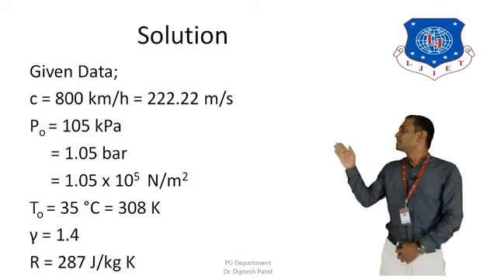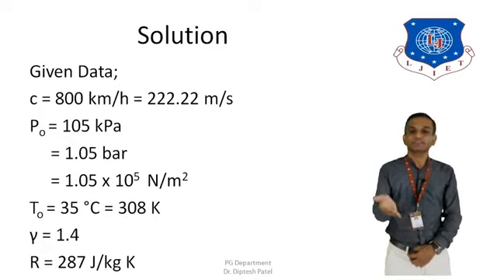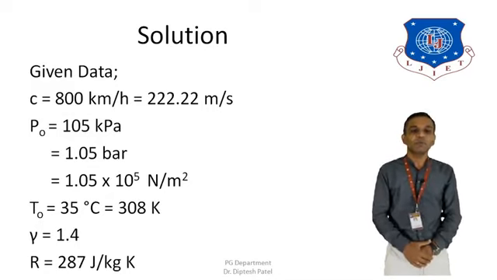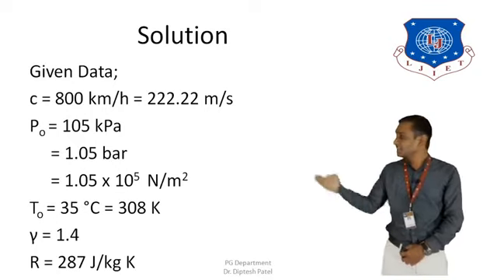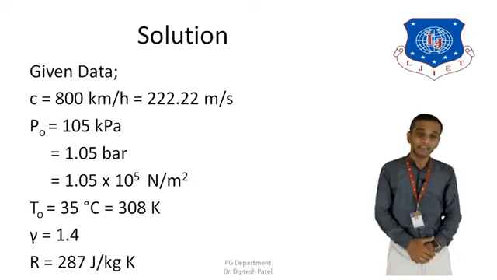And the stagnation temperature is 35 degrees Celsius. I'm just going to convert that into Kelvin too, and after conversion we get T0 is equal to 308 Kelvin. So these are the three important parameters which are given.